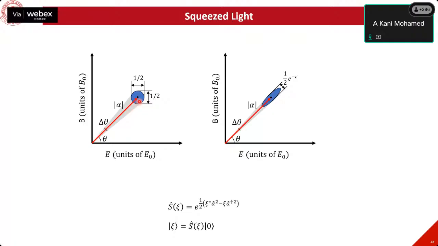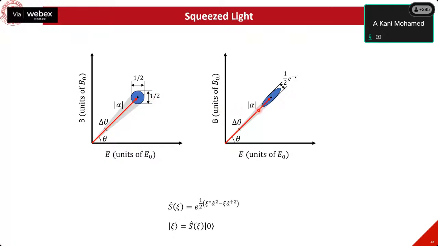But if we can reduce the uncertainty in the angular direction, something like this, then we can improve the sensitivity of the measurement. This is called squeezing, and the light generated by squeezing a quadrature is called squeezed light.